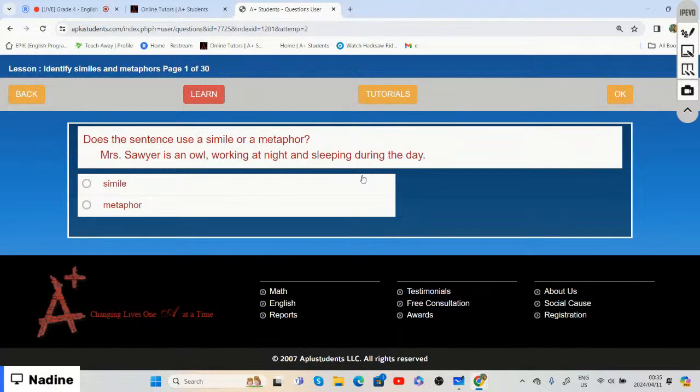It says, Mrs. Sawyer is an owl, working at night and sleeping during the day. Is that a simile or a metaphor?